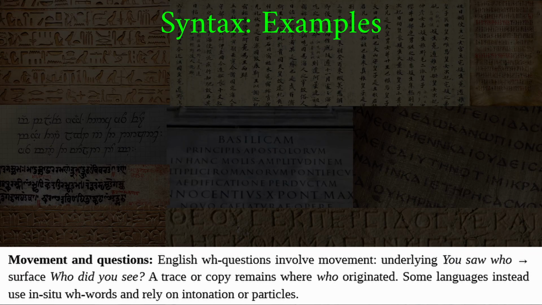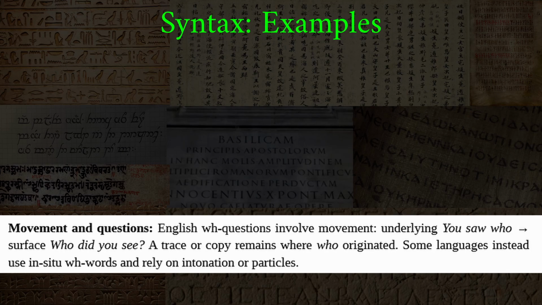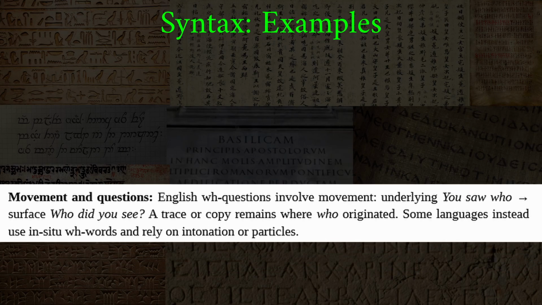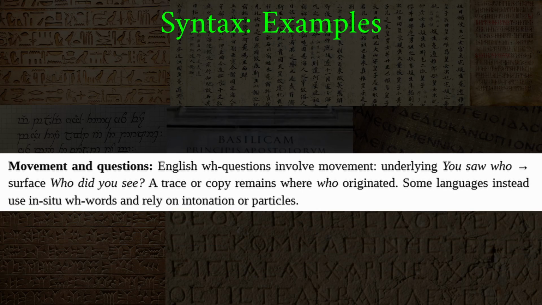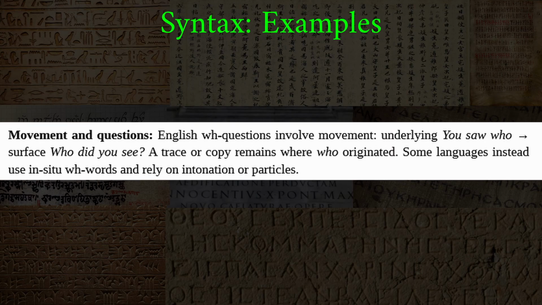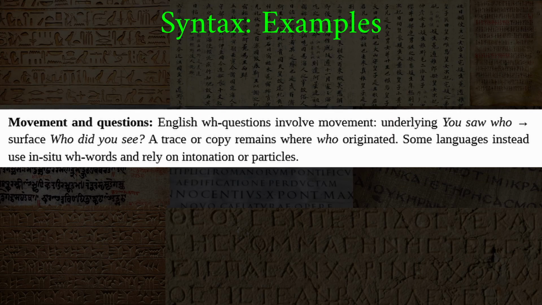Speaking of movement and questions, English WH questions involve movement. Underlying, you saw who; surface, who did you see. A trace or copy remains where who originated. Some languages instead use in situ WH words and rely on intonation or particles.